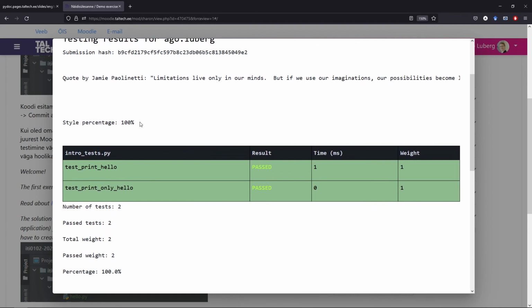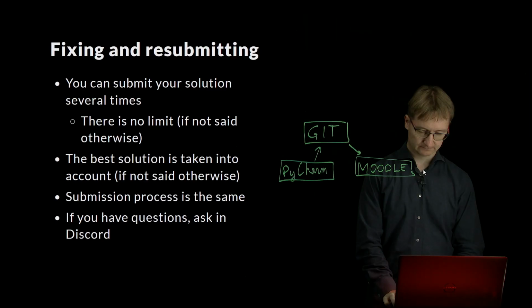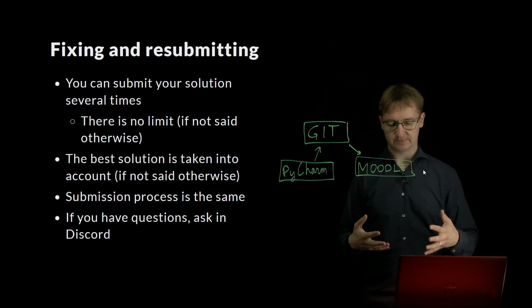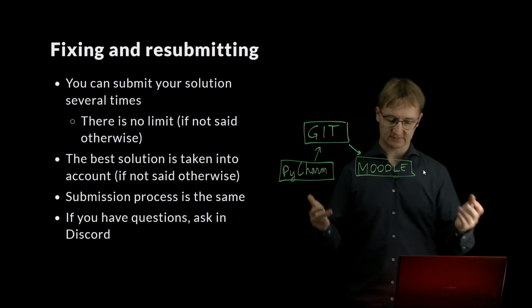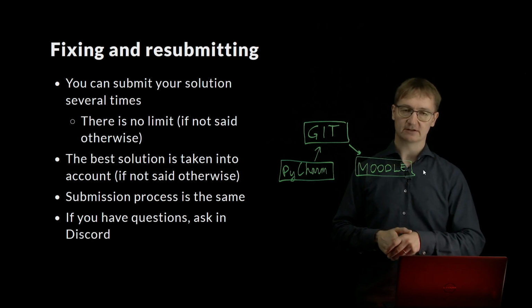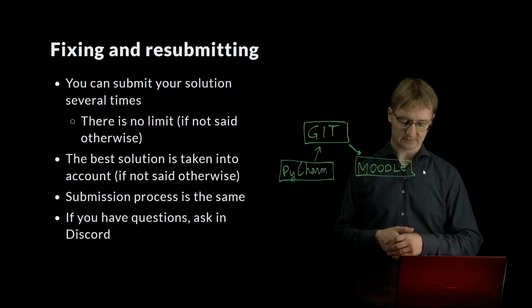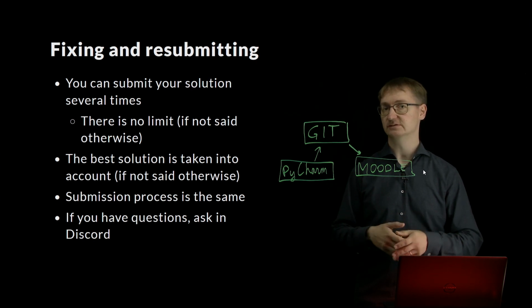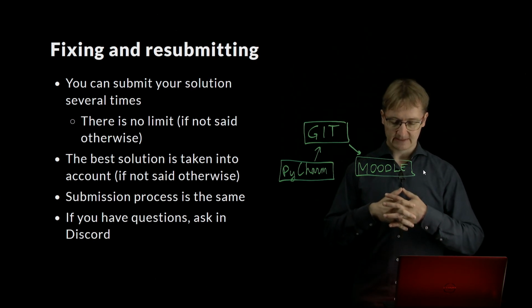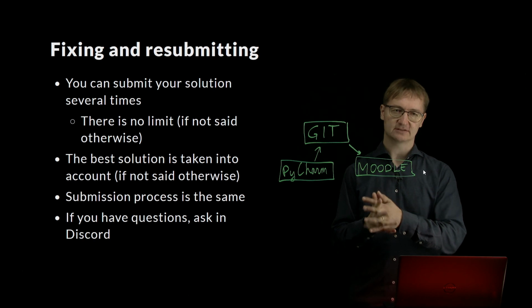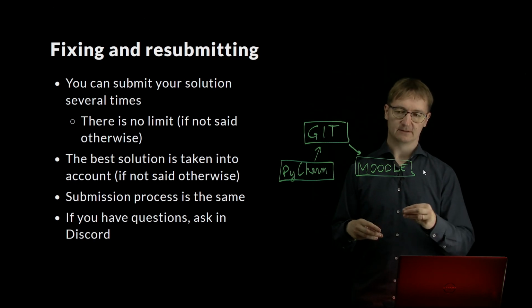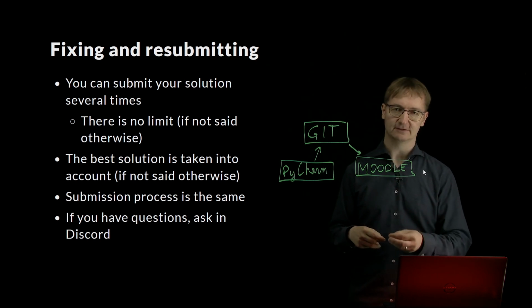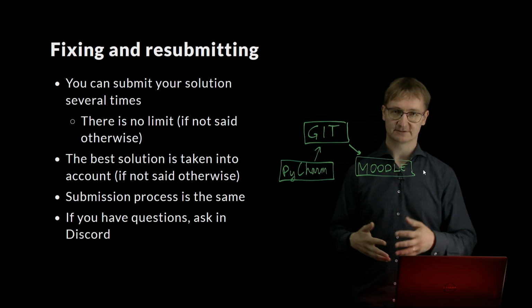So here, if there are no style errors, you just see the style percentage is 100%. If you have any questions about, for example, what this test does and what this style error means, you can ask in Discord. This is quite okay, and the exercises often have parts which are written so that you have to ask.